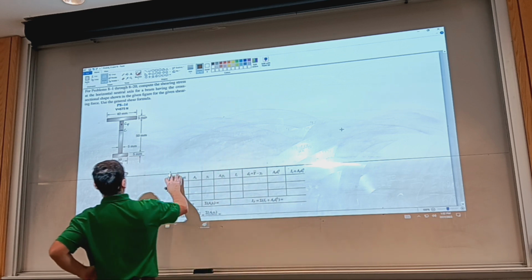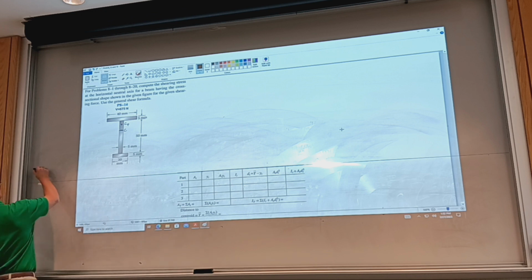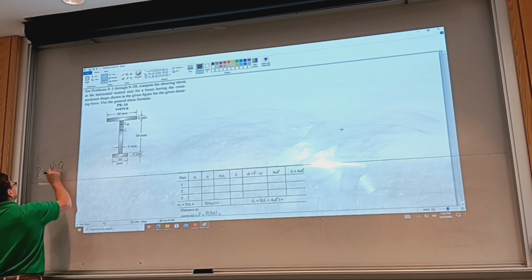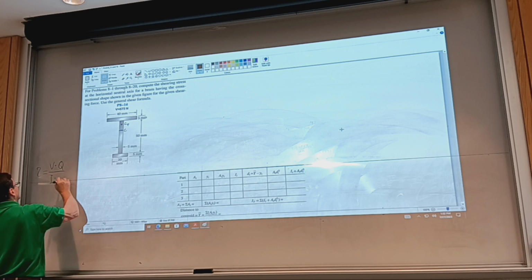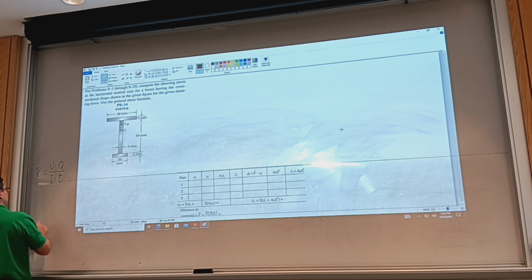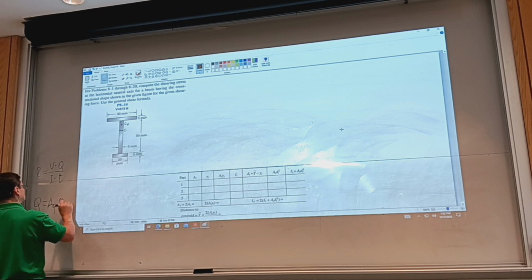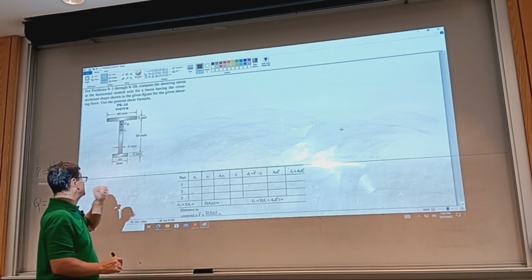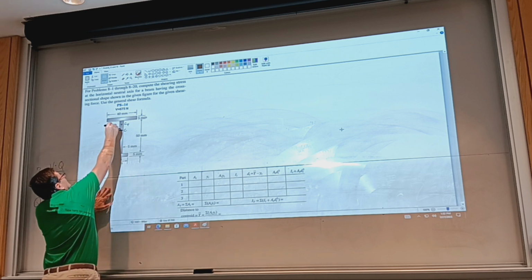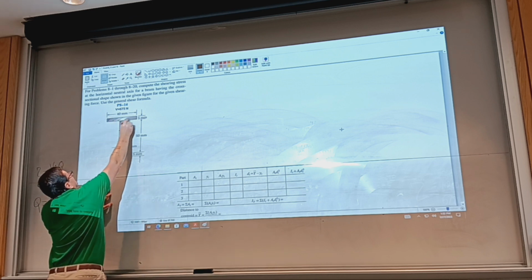Okay, so for the earlier equation, we had it here: shear stress equals shear force times moment of area, over I times thickness. The moment of area is the partial area times the distance from the centroid of the entire piece to the centroid of the area that you consider a partial area.